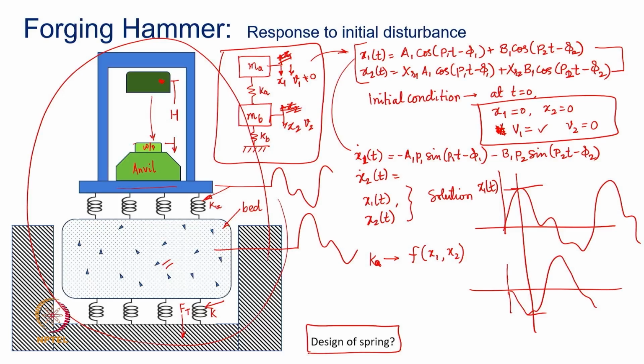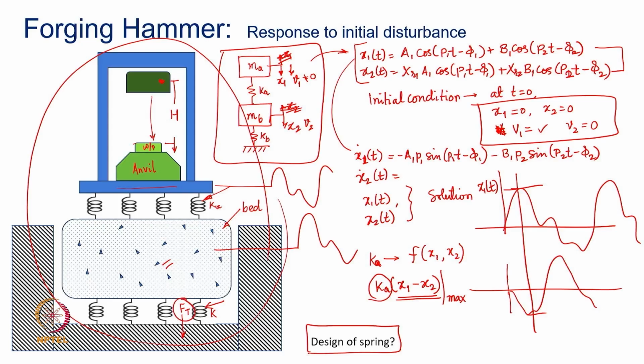So when you are designing a spring for such cases, you will have to figure out what is the force for which I should design it, and then the total force could be based on (x1 minus x2) max. That means I will have to figure out what is the maximum extension or compression that the spring is going to get subjected to, and then based on the stiffness, how much is the force being generated there. In fact, I would also be knowing what is the value of the force transmitted to the ground.